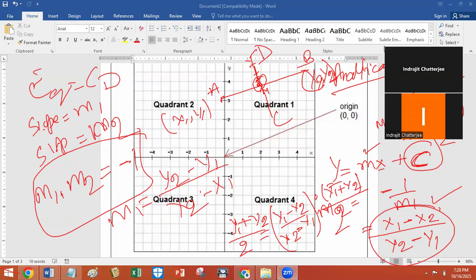It's becoming a little unclear as I'm scribbling over, but if I were to write it in a clean place, it will be y1 plus y2 by 2.